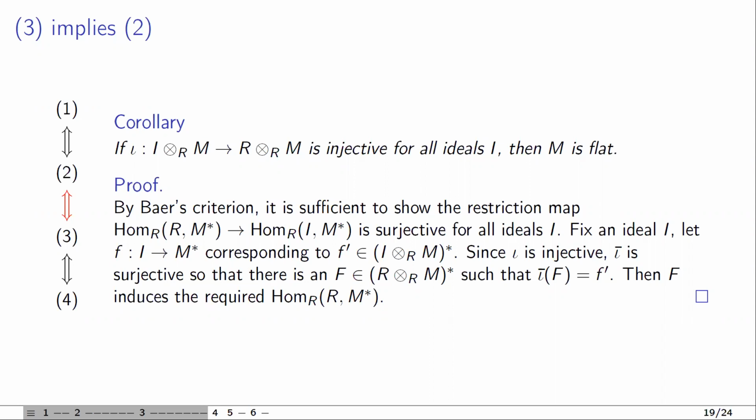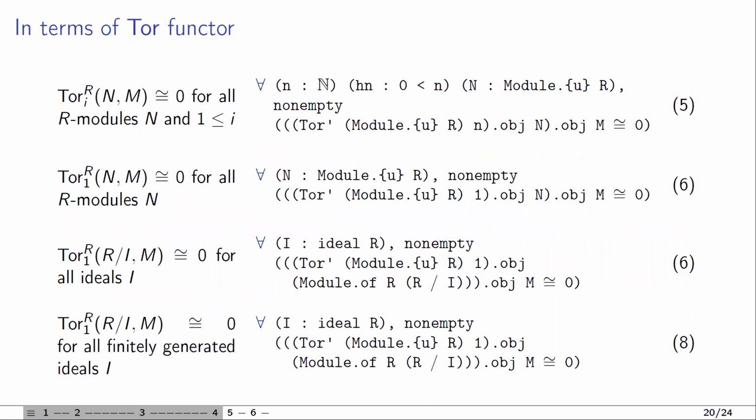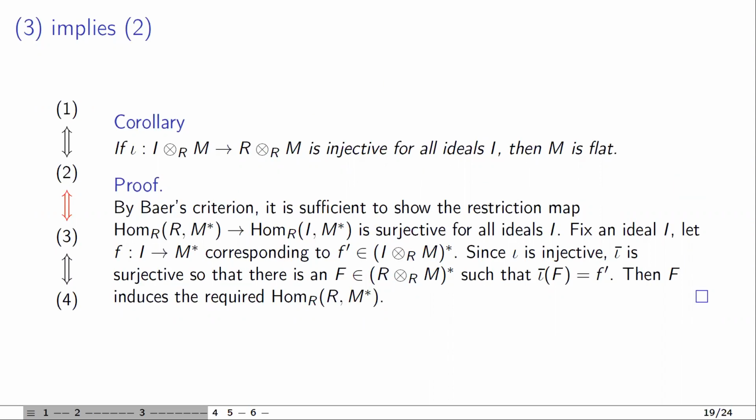So there will be some character of R tensoring with M such that iota bar of capital F is F prime. Then we use adjunction again to find the map from R to M star, and that map will work. So now we have finished showing that 1, 2, 3, 4 are all equivalent.